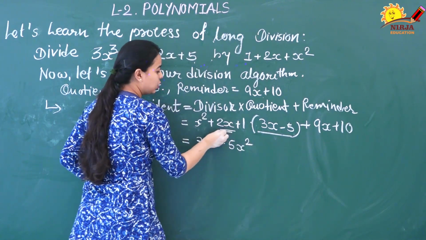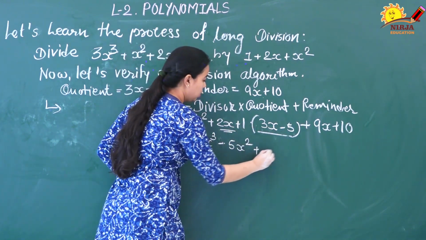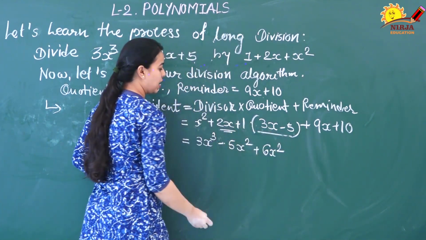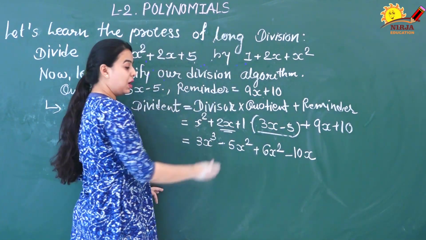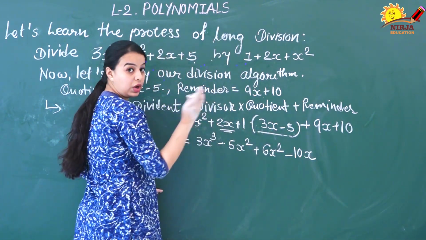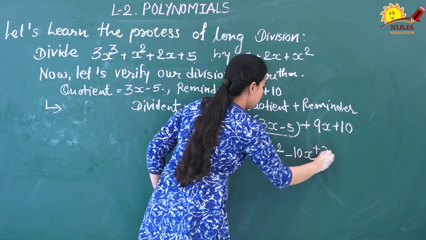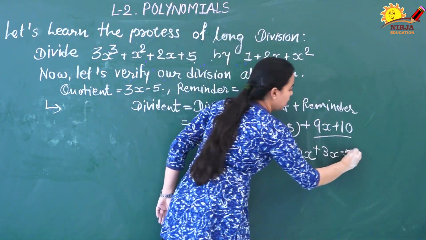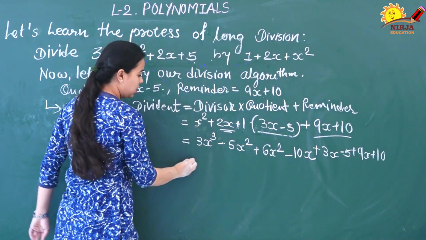Now, let us multiply 2x with this whole term. 2x multiplied by 3x is equal to 6x square. 2x multiplied by minus 5 is equal to minus 10x. Now, if we multiply 1 with this whole term, we get the same: 1 multiplied by 3x is 3x, and minus 5. And we need to add the remainder 9x plus 10.